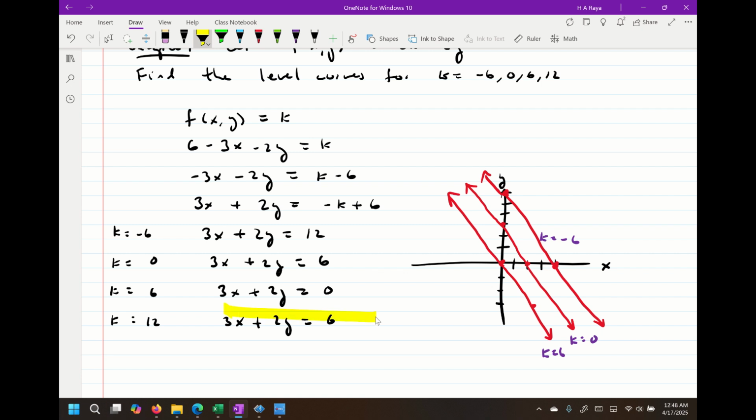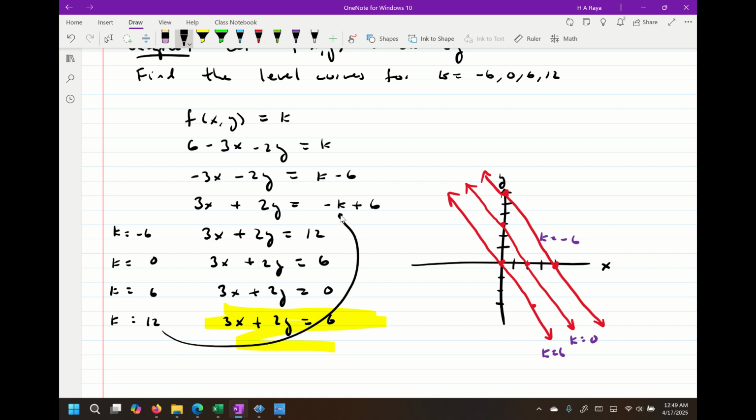And finally, for our last line here, we have that our x-intercept is 2 and our y-intercept is 3. Hold on a second. Give me 1 second. I think I might have made a mistake somewhere. Aha, I did, because I should have put a 12 in here.